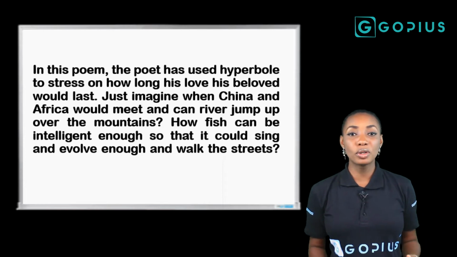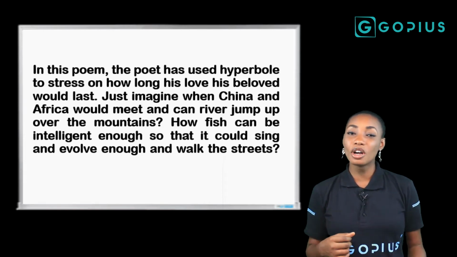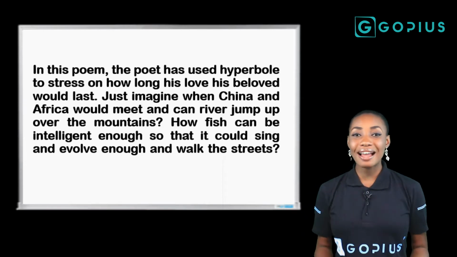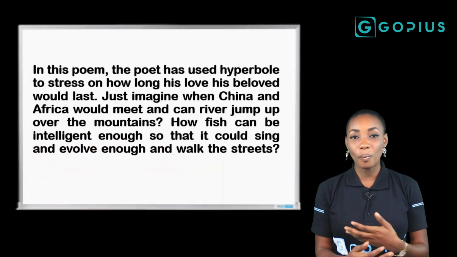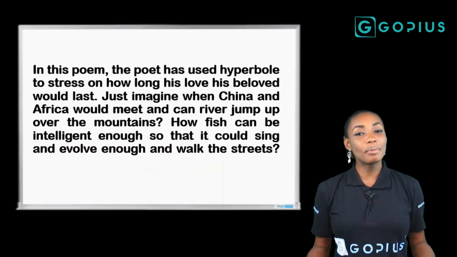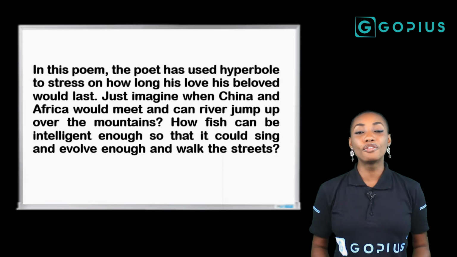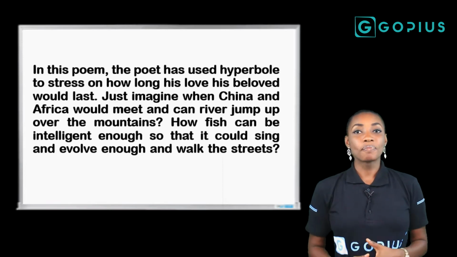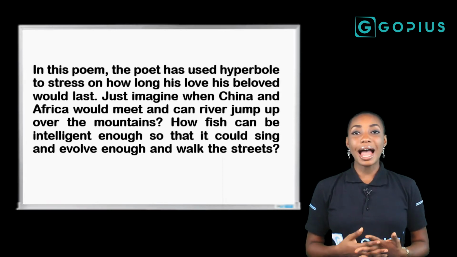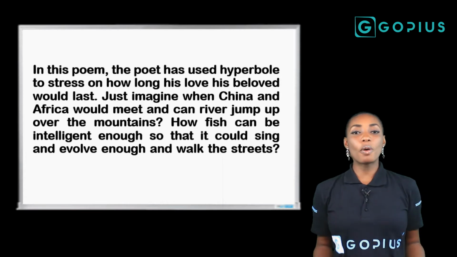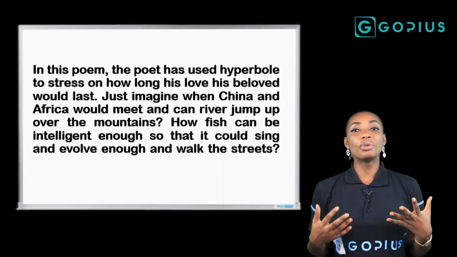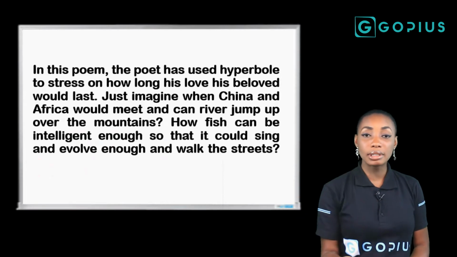That will never happen. So he's telling you that his love for his beloved will never end. It's not possible for Africa and China to meet, so that means it's not possible for his love to also end. The next line we have there is, is it possible for the rivers to jump over the mountain?